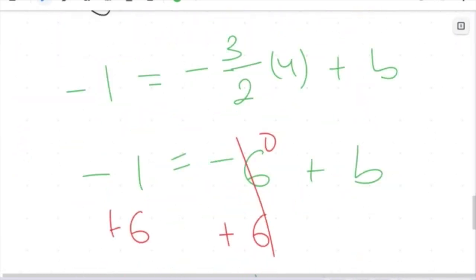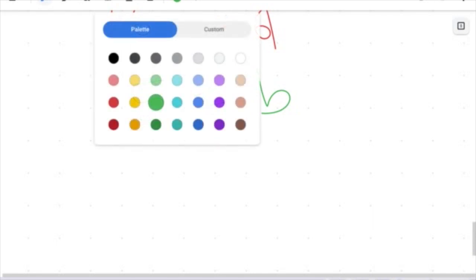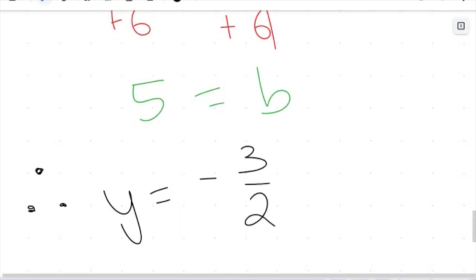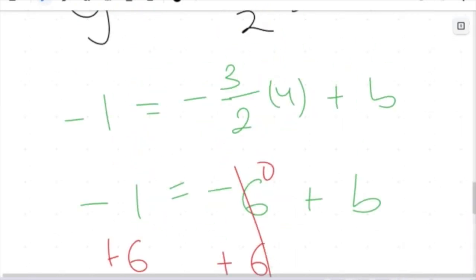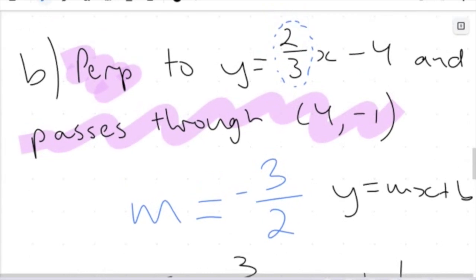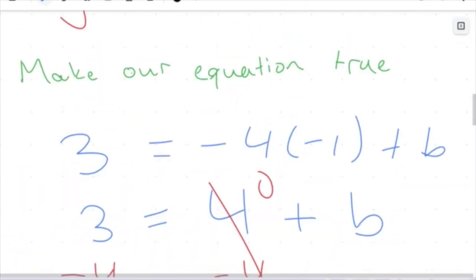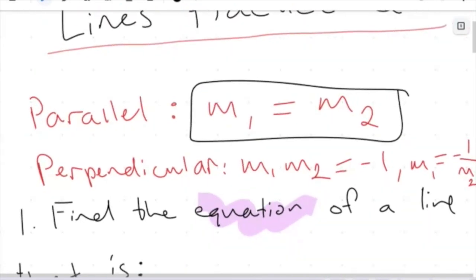So here my equation now, we can say therefore y equals negative 3 on 2x plus 5. So for these types of questions, I am just using the information that I've been given, and I'm always consulting my two definitions on parallel and perpendicular lines.